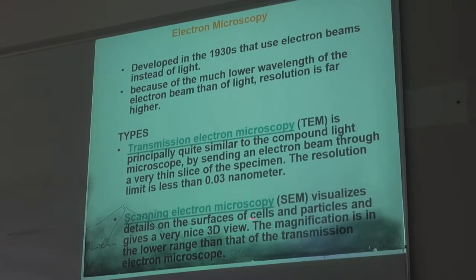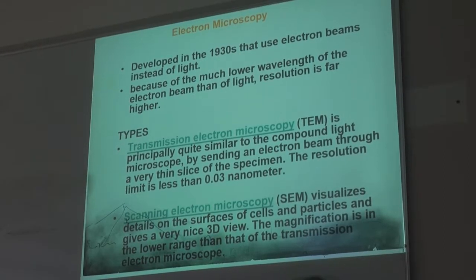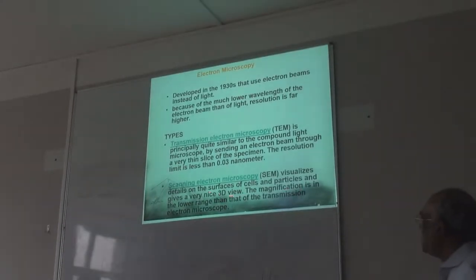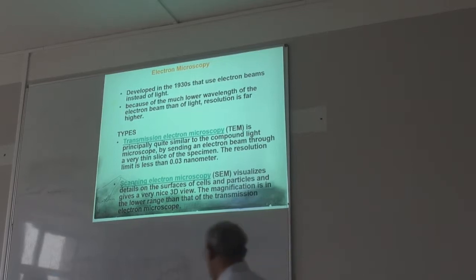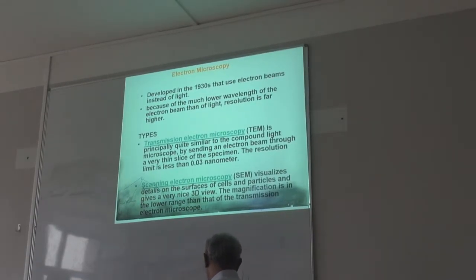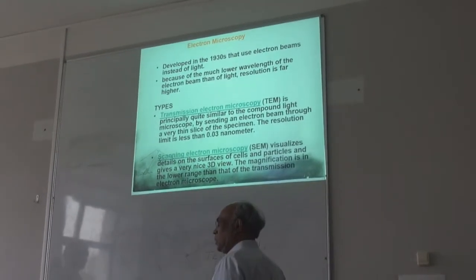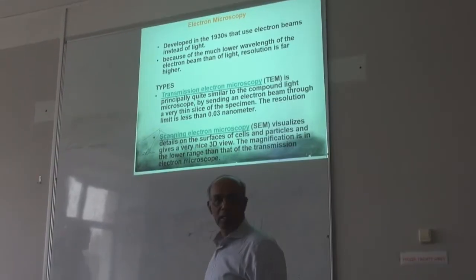But scanning electron microscopes are good for studying surface properties. They can only resolve features from maybe a few nanometers, so I'm talking about greater than 1 nanometer, if you have a good scanning electron microscope.